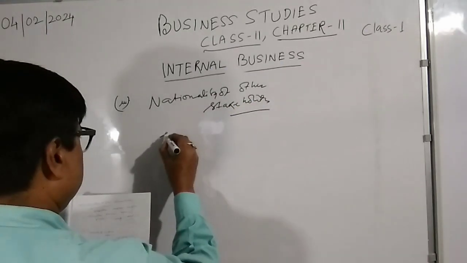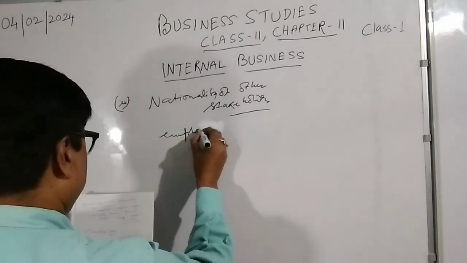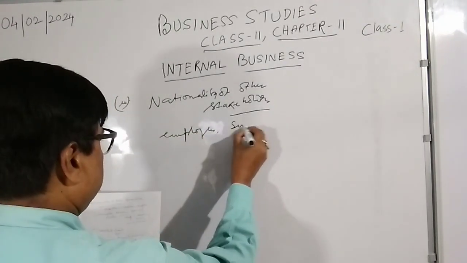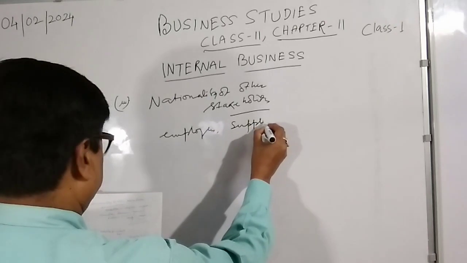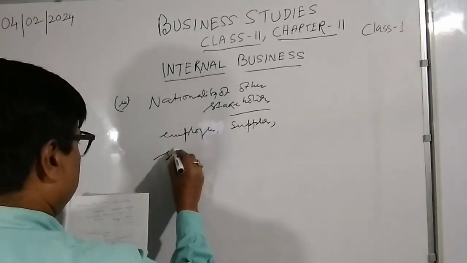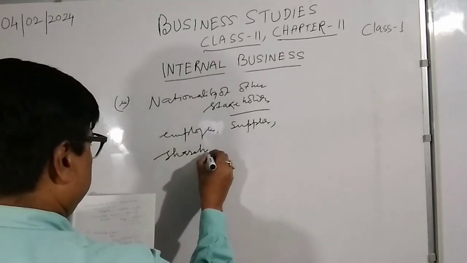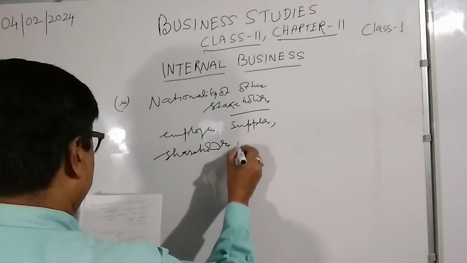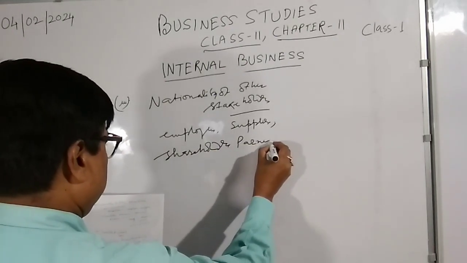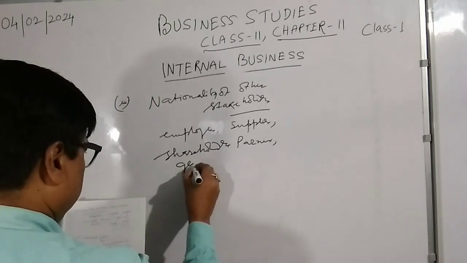What are those? Employees, suppliers, shareholders, partners, general public.